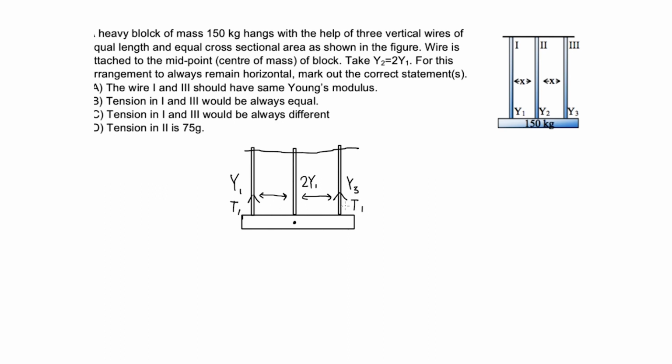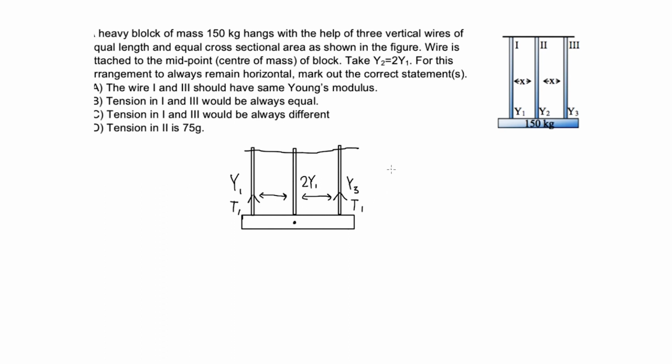As the tensions are the same, and the area of cross-section as well as the length are the same, I have to say that Young's modulus is also the same. Why can I say that?